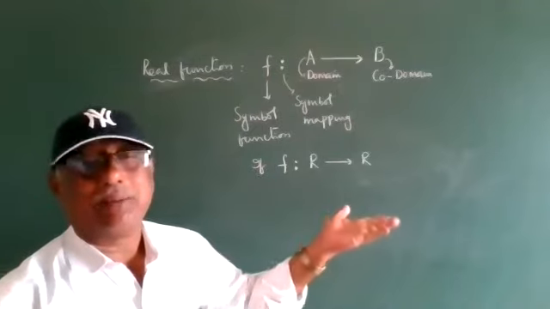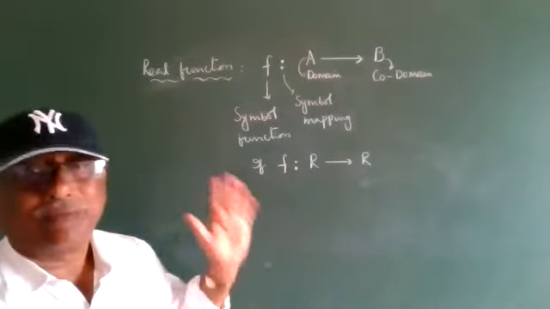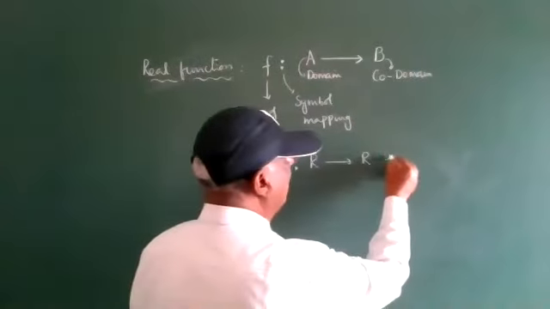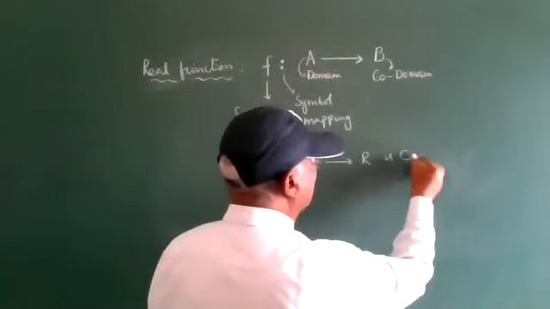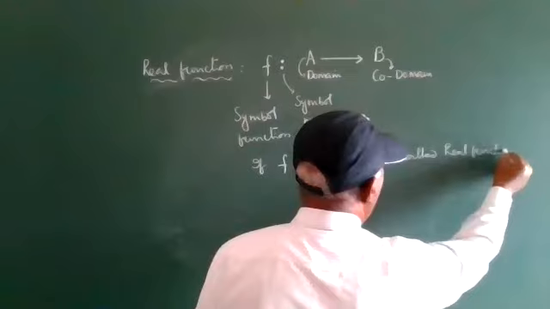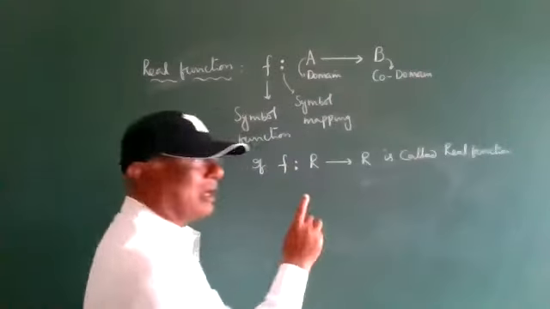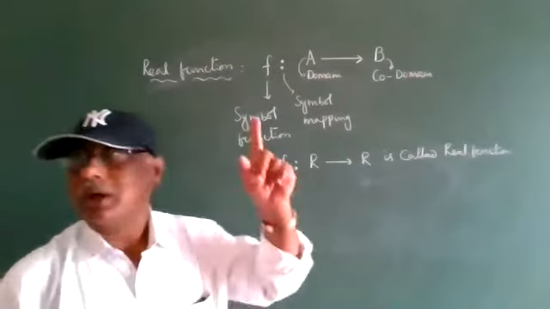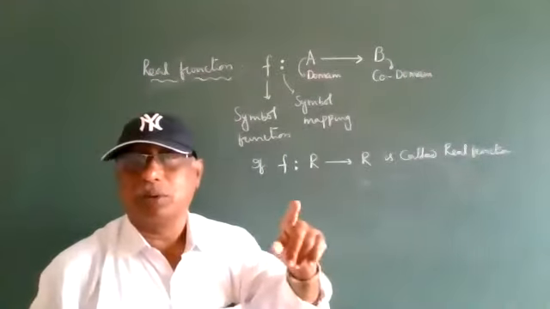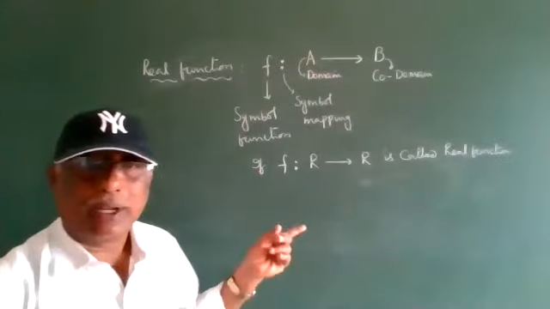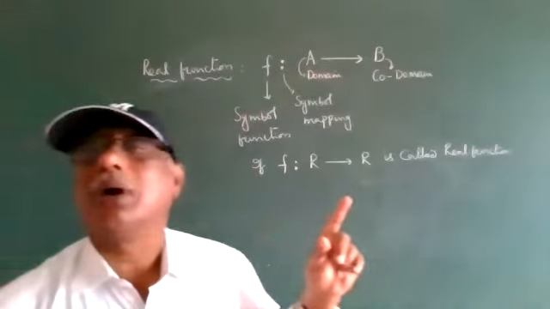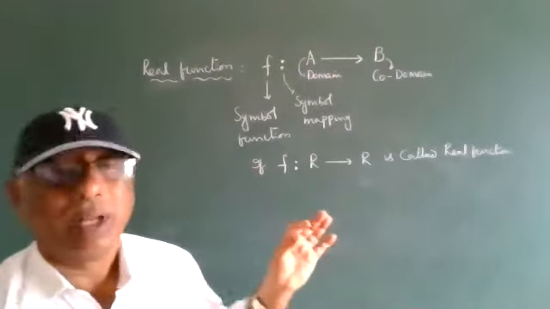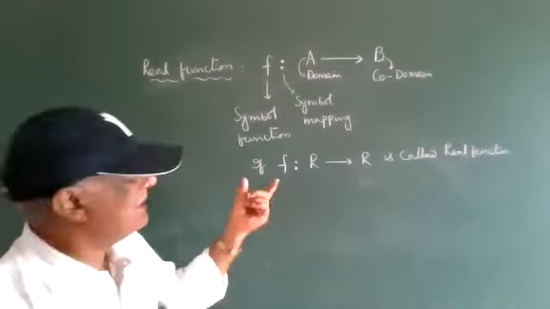Real numbers to real numbers is called a real function. f is a mapping from R, the domain, to R. The codomain is also R and the domain is also R. Therefore, it is a real function.